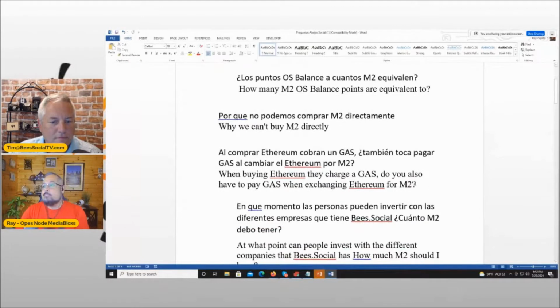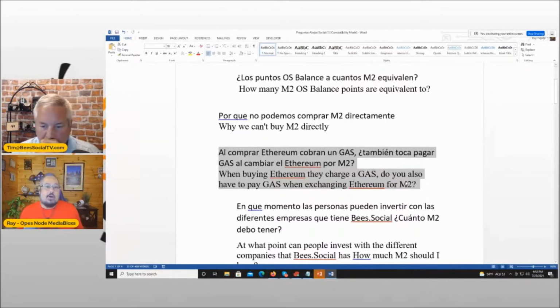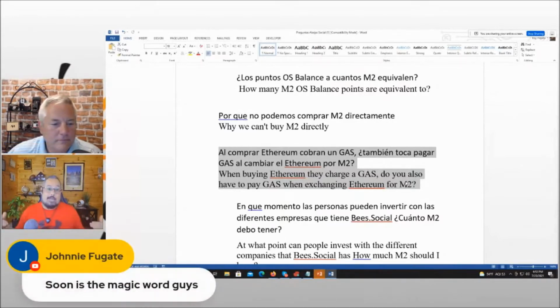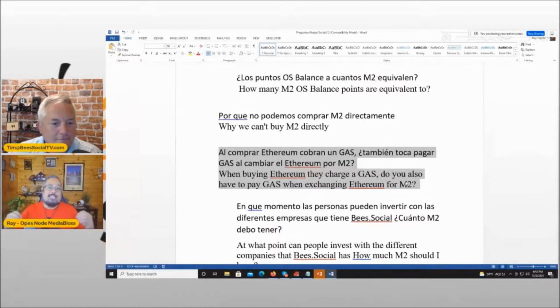Here's one. If when buying Ethereum they charge a gas fee, do you also have to pay gas when exchanging Ethereum for M2? The answer is yes. Anytime you make a transaction on Ethereum's blockchain, and Ethereum's blockchain is everything, everybody. Our Opus, or not Opus, but BEES.Social, is built on top of the Ethereum blockchain.